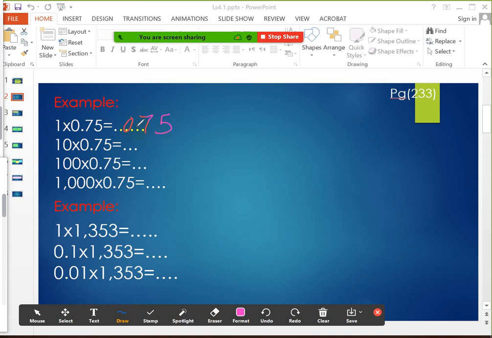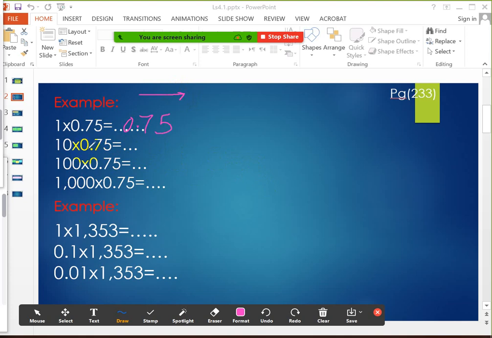Okay? Now, what about if I want to multiply 10 with 0.75? Okay, you remember I told you if you multiply a decimal number with a tens number, you have to move the decimal point the number of digits equal to the number of zeros. What does that mean?